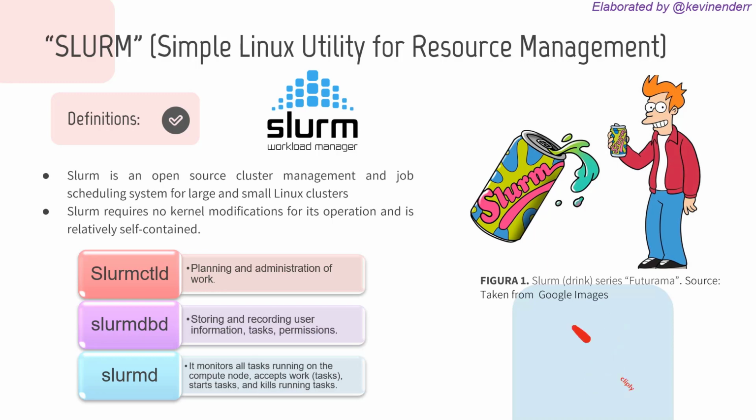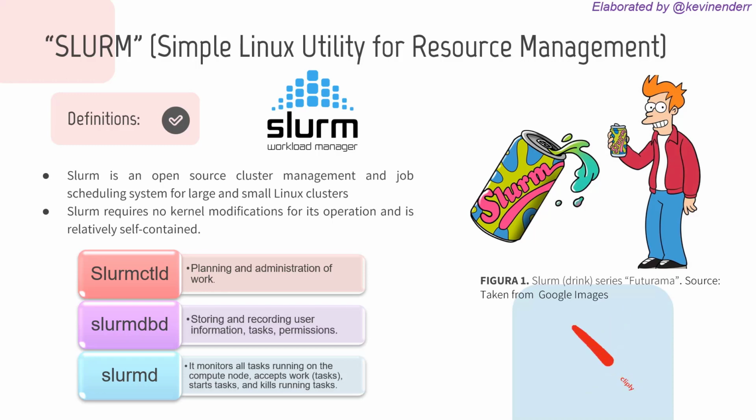Okay, Slurm is a queue manager that allows you to organize the use of resources available to a given cluster. For its operation, it makes use of three basic services: slurmctld, slurmdbd, and slurmd, which fulfill the following roles. Slurmctld. This service is responsible for the planning and administration of work. This service runs only in the leader node. Slurmdbd.